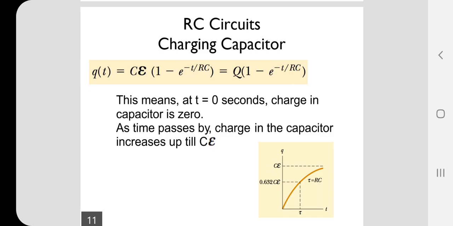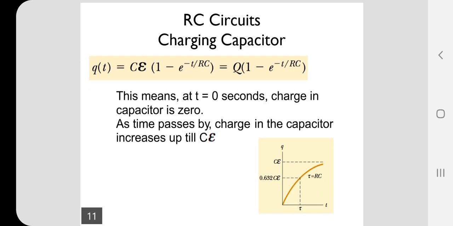Now, the RC circuit charging capacitor, which you already know. Here, how the charge changes with respect to time: it is an exponential growth. Observe that it starts from the 0 level, and at t equal to RC it increases to 0.632 CE, and the maximum is CE.